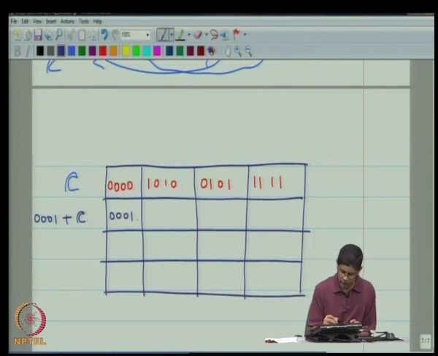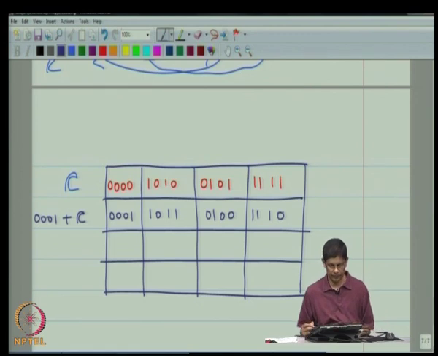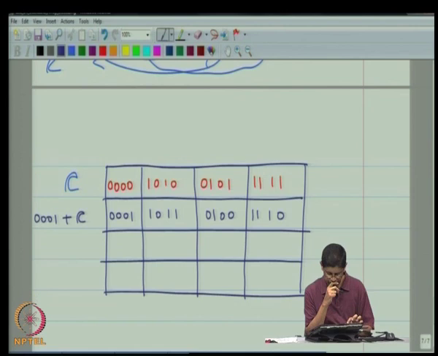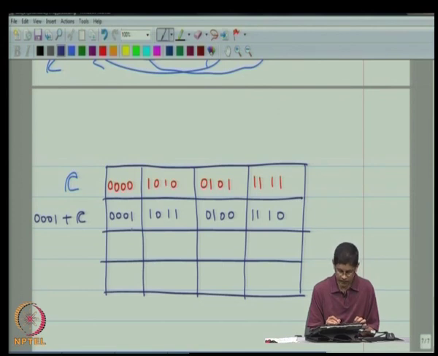And I am going to obtain the other elements simply by adding this vector to the corresponding vectors. So then that will give me 1 0 1 1, 0 1 0 0, 1 1 1 0, and I am going to continue in this fashion. I chose a vector of small Hamming weight here, and there is a reason for that. So I am going to continue to do that.